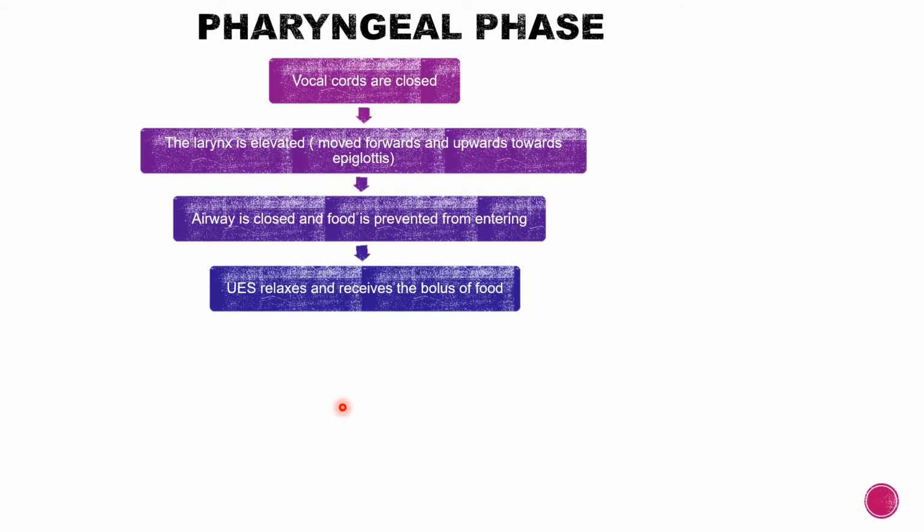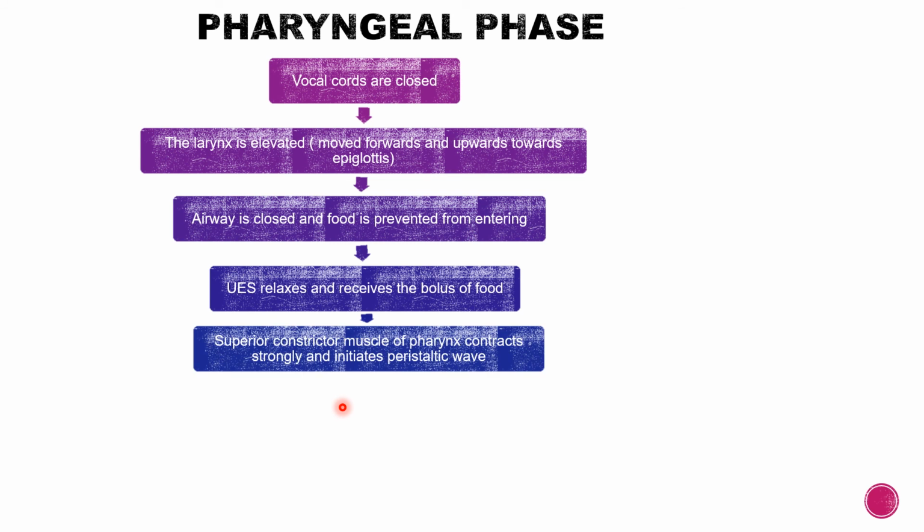This is followed by upper esophageal sphincter relaxation, UES relaxation. So the esophagus has two sphincters, the upper esophageal sphincter and the lower esophageal sphincter. The upper esophageal sphincter, which is present at the junction of pharynx and the esophagus, relaxes and food moves from the pharynx to the esophagus.